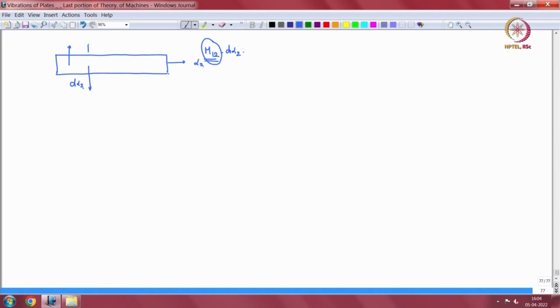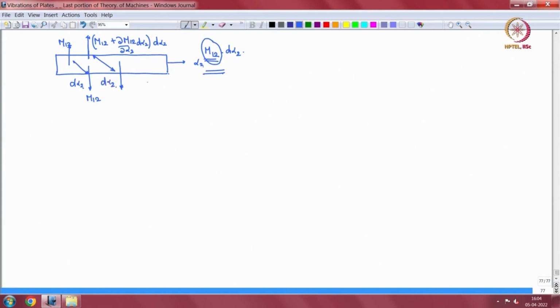Then the M12 is changing, right? It's not constant. So I have M12, this is M12, this is M12. Then I have M12 plus del M12 by del alpha 2 d alpha 2. This is still a resultant into d alpha 2. That becomes a moment. So corresponding to this, I have the next downward force. So these two make a couple. Okay, this is also d alpha 2.